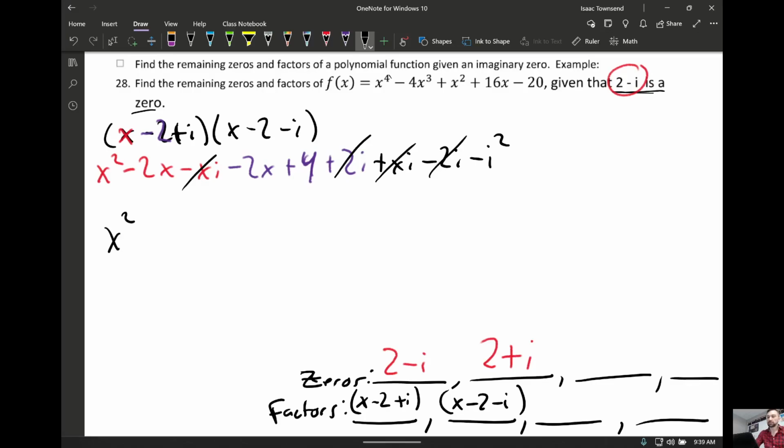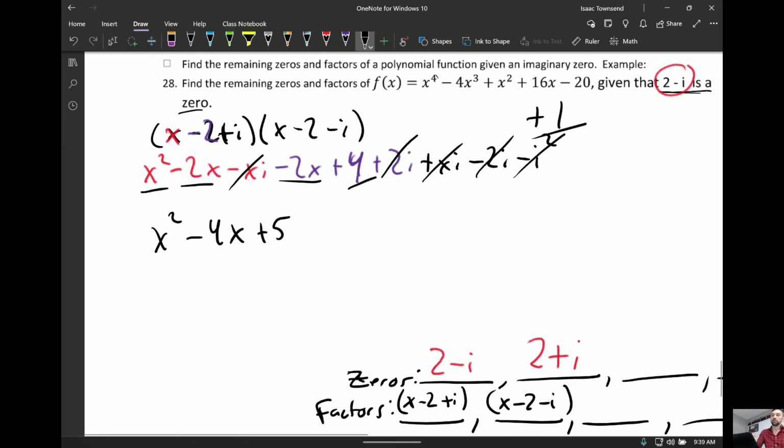We've got an x squared that has no one to combine with. Minus 2x can combine. And because we know i squared is minus 1, this is minus a minus 1, so really that's like a plus 1, which combines with the plus 4 to get you plus 5.